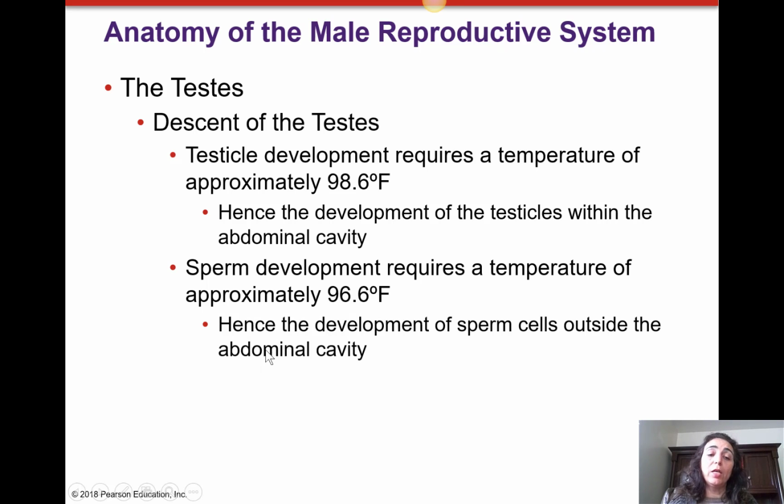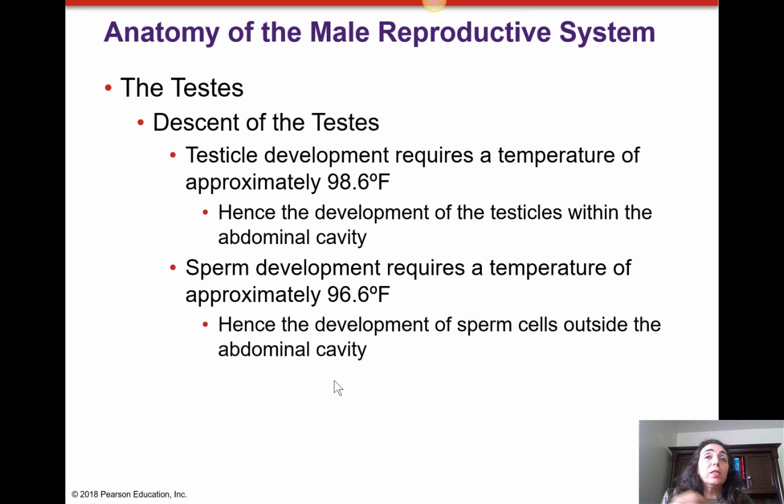Therefore, it has to grow outside of the body. The development of the sperm cells happens outside of the abdominal cavity. What does it mean? It means that if the testis is outside of the body at the beginning, the structure of the testis cannot be formed completely.